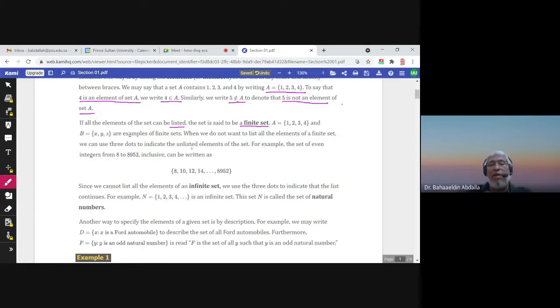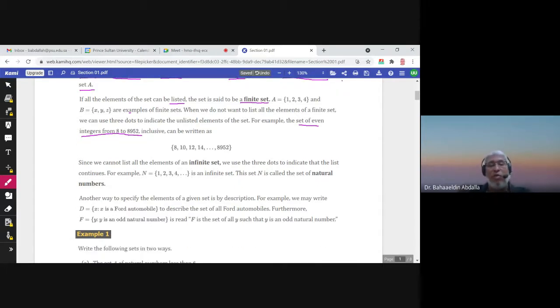If the elements inside the finite set are very many, for example, the set of even integers from 8 to 8,952, we can write 8, 10, 12, 14, 3 dots, and the last element. This means there are a lot of elements between 14 and 8,952.